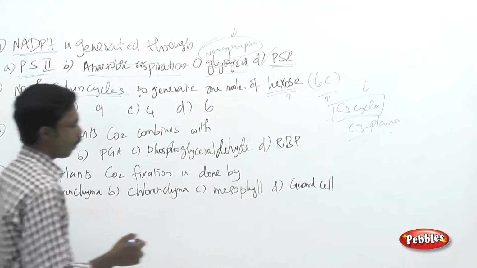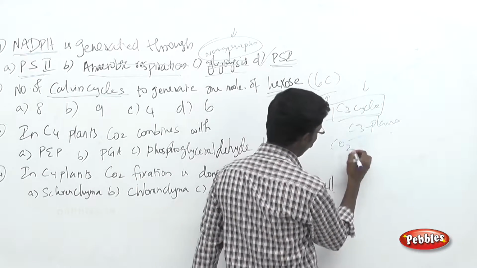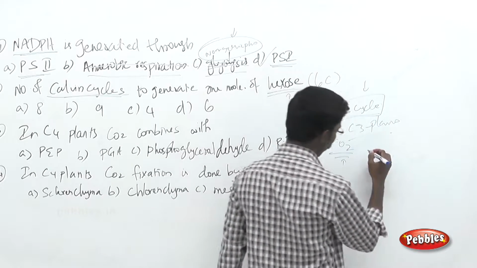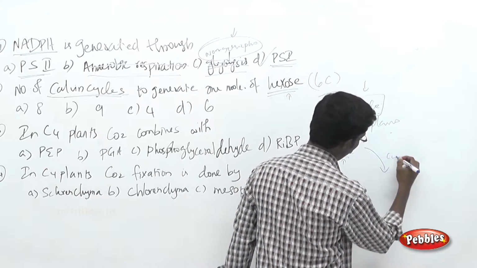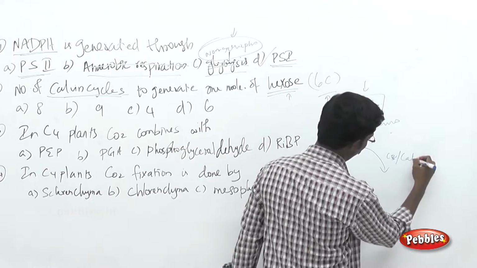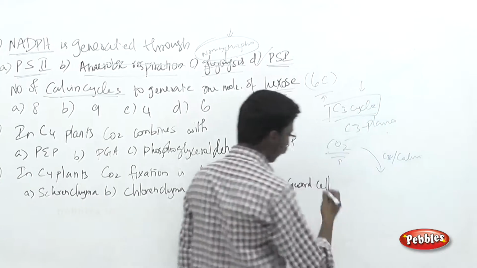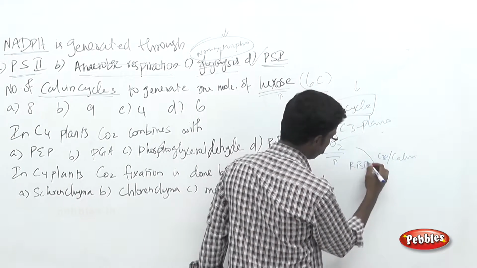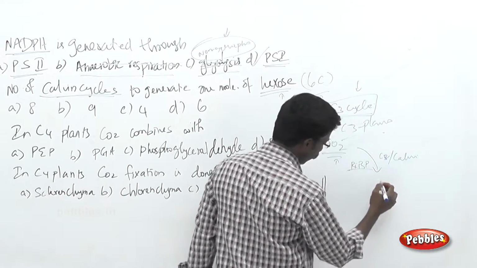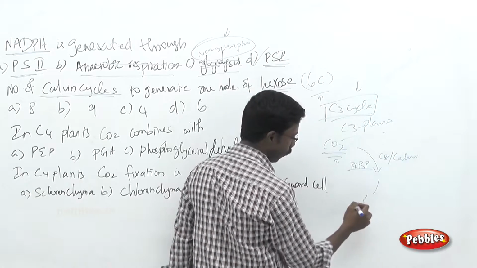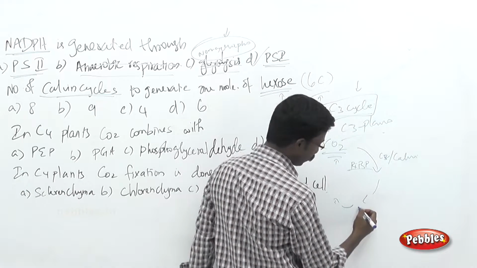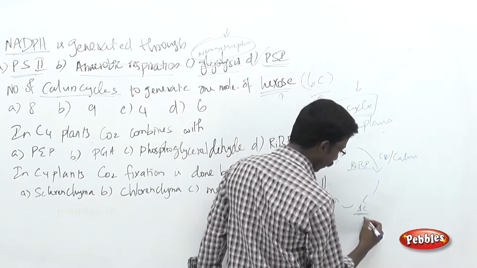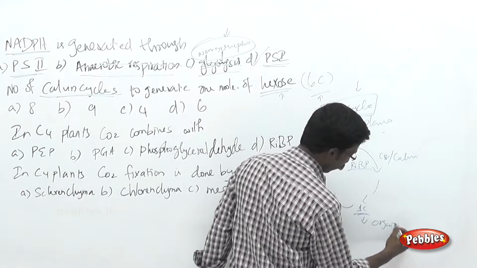Okay. So as I told you, a carbon dioxide molecule is being fixed in a particular Calvin cycle. A carbon dioxide molecule enters into the C3 cycle or Calvin cycle. The carbon dioxide molecule is accepted by the ribulose bisphosphate. It enters into the cycle, and at one stage it will fix one carbon into an organic form.